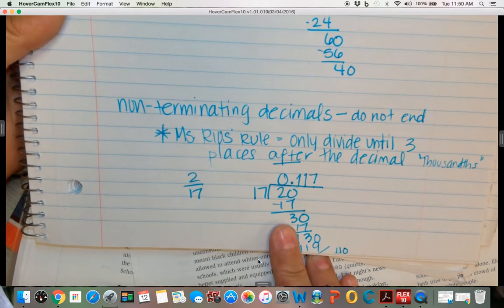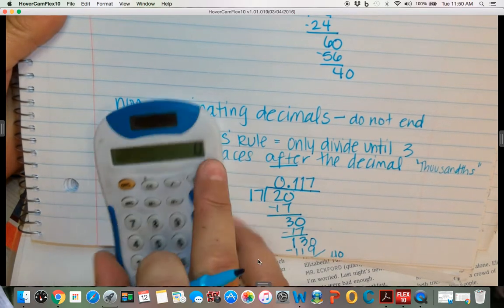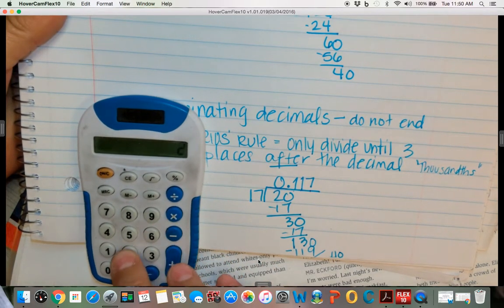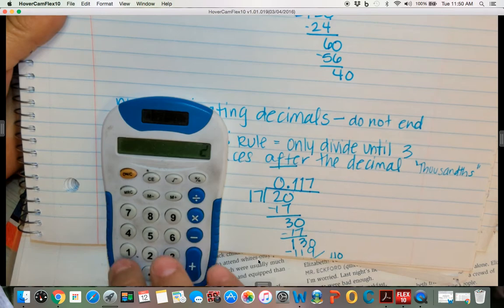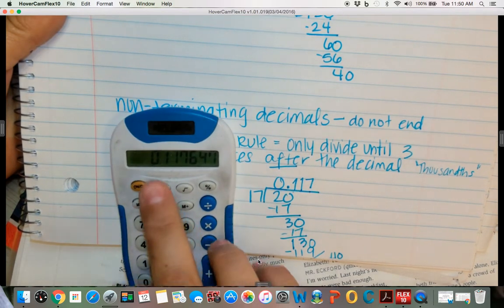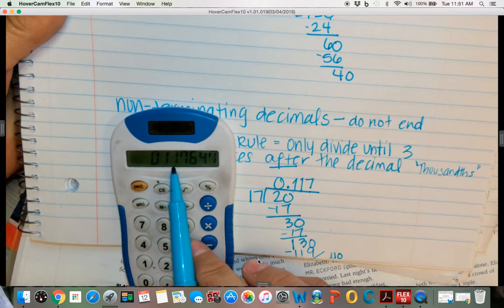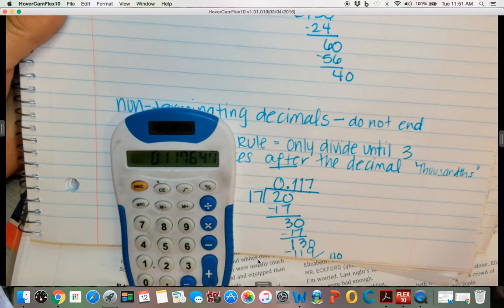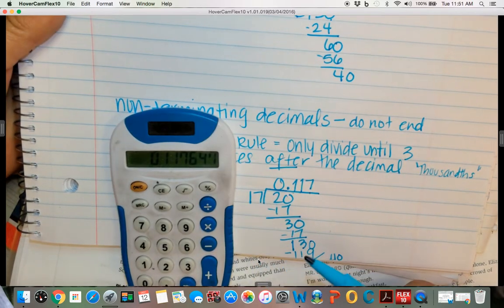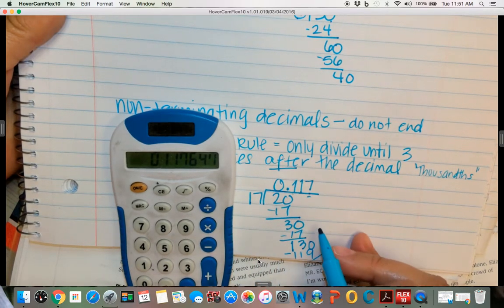I'm just going to check to see how many places I would have to keep going before it stops. So 2 divided by 17 is 0.117647. So tenths, hundredths, thousandths, ten-thousandths, hundred-thousandths, millionths. On my calculator it probably goes on and I can't even see it because eventually calculators stop. So you can see that I'm pretty close here.